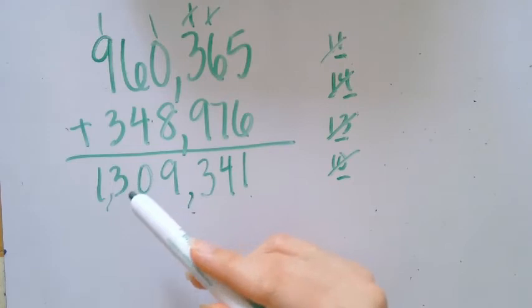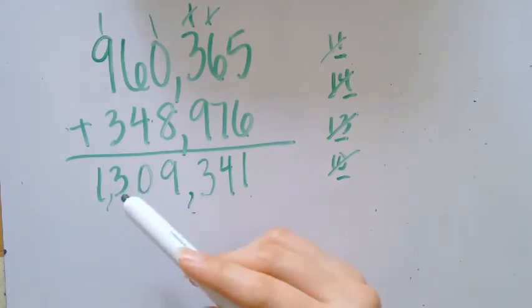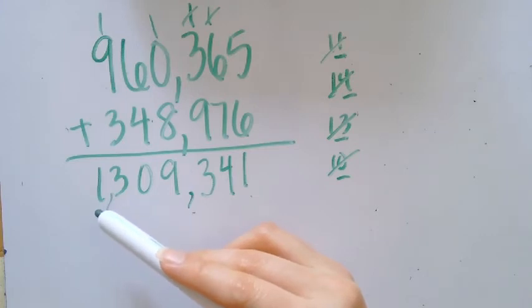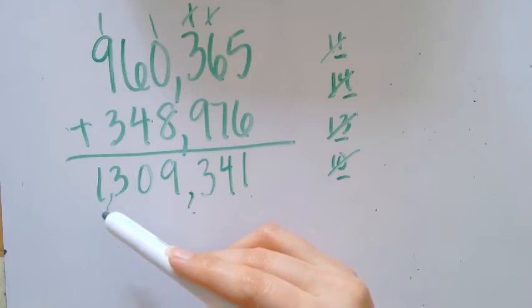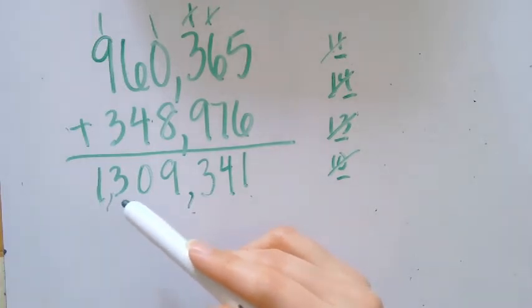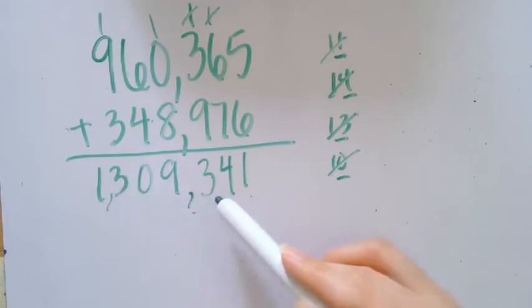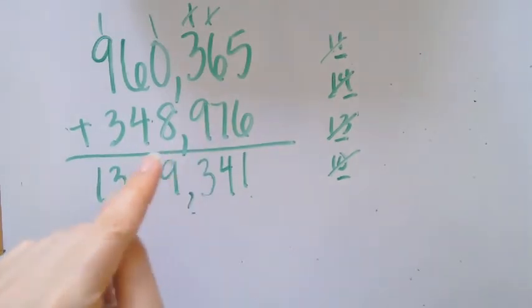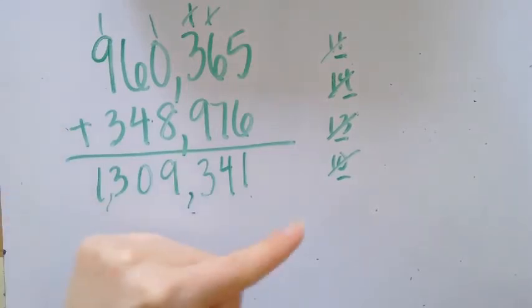What place value is just above the 100,000s? Give you a clue. Starts with an M. It rhymes with zillions. Millions. 1,309,341. Okay? Although this is a very large number, large sum, you can do it.